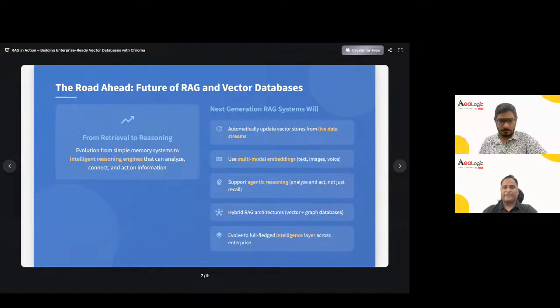They will support agentic reasoning, where the AI doesn't just recall, it analyzes and acts. We will also see hybrid RAG architectures combining vector databases like Chroma with graph databases to add relationships and logic. In short, RAG will evolve from being a memory system to a full-fledged intelligence layer across the enterprise. This could be the future of RAG.